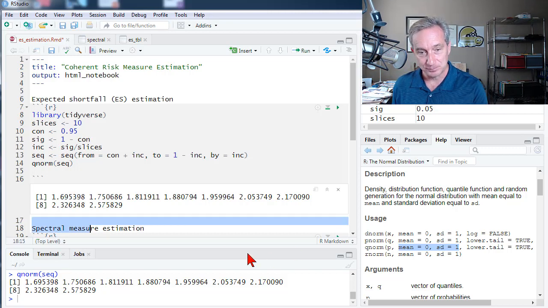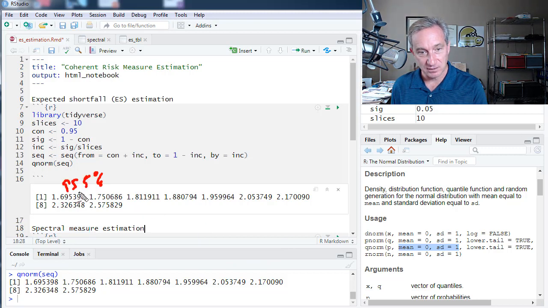That's that first one right here, 95.5% quantile right here. And my last one is 99.5%. That's the quantile 2.58. That's a familiar quantile value because it corresponds to the Z value for a two-sided 99% confidence level. And here we have the 2.33 that is very familiar to us for a one-sided 99% confidence level.